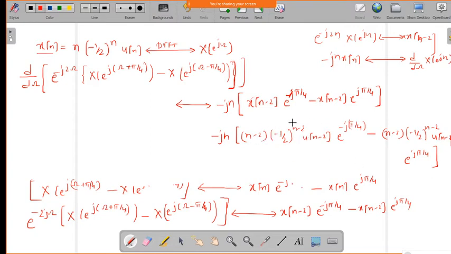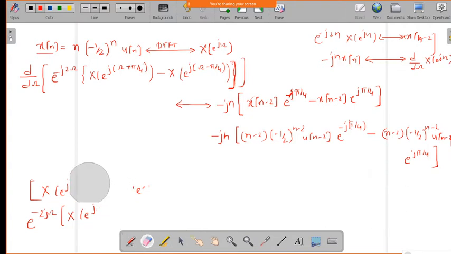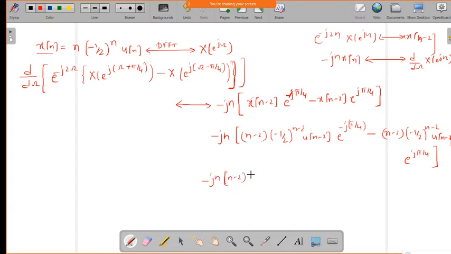Now you can see here x of n minus 2 is common and you can take that out and write down whatever remaining is there. So the remaining terms are minus jn into n minus 2 into minus half power n minus 2 into u of n minus 2, and e power minus j pi by 4 minus e power j pi by 4.